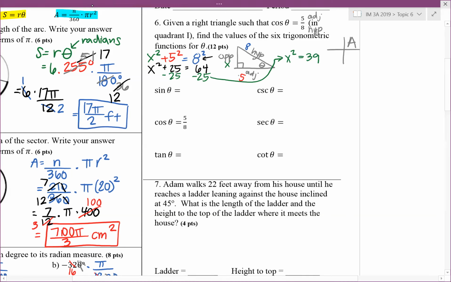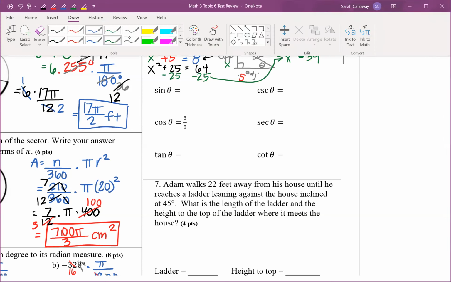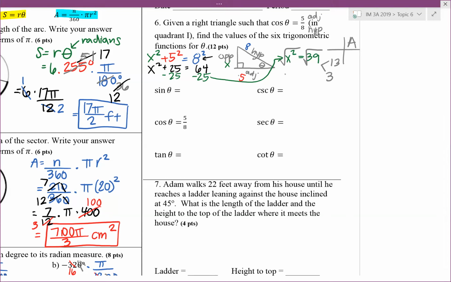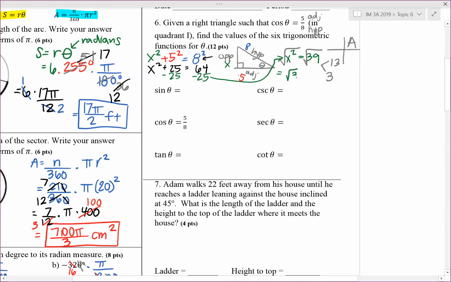And so x is going to be, if I think about 39, 39 is 3 times 13. Both of those numbers are prime. So that means that my value for x is just going to be the square root of 39. So the opposite side is the square root of 39.